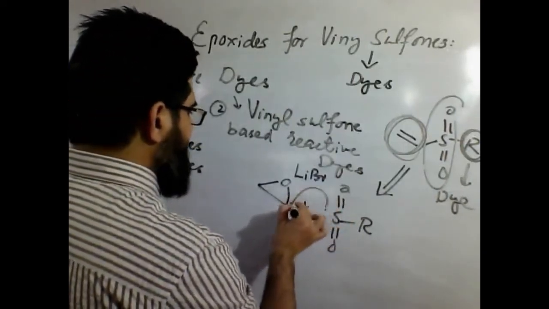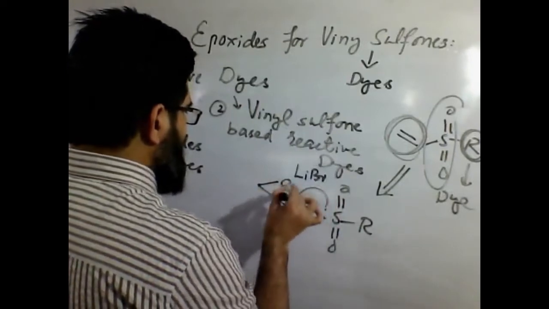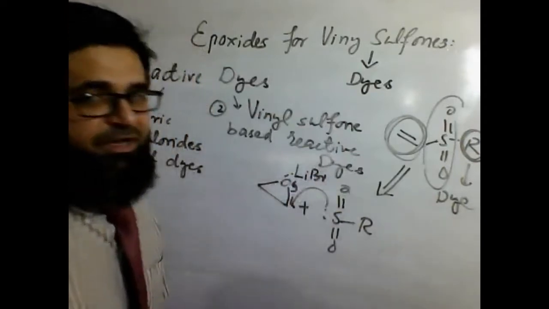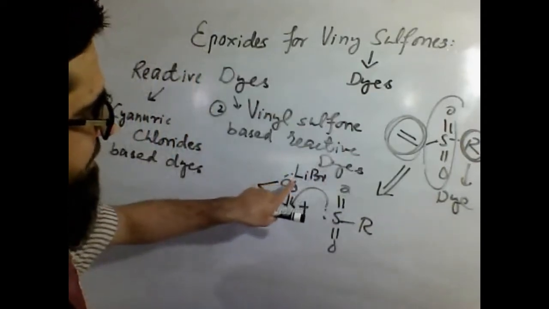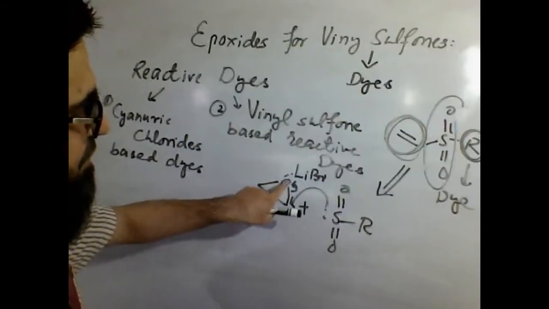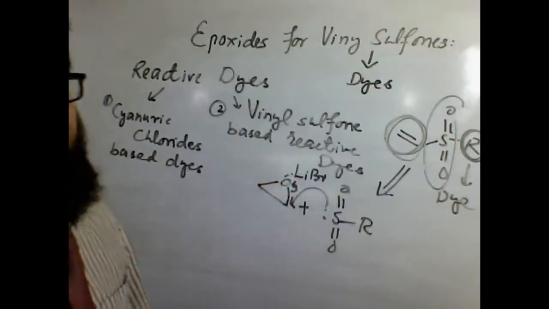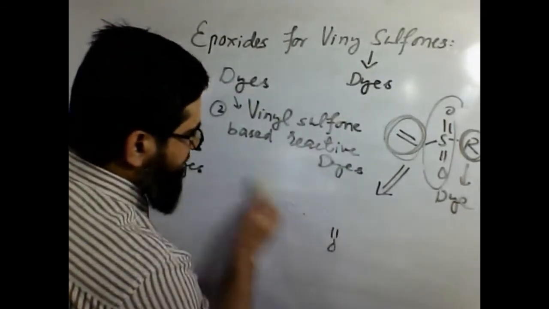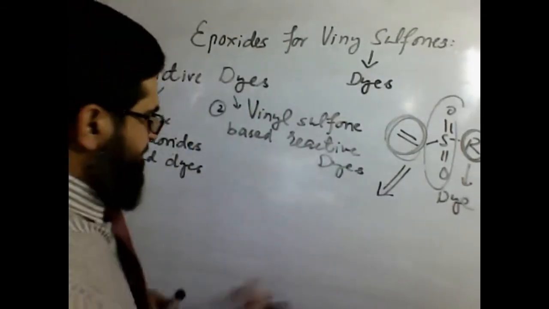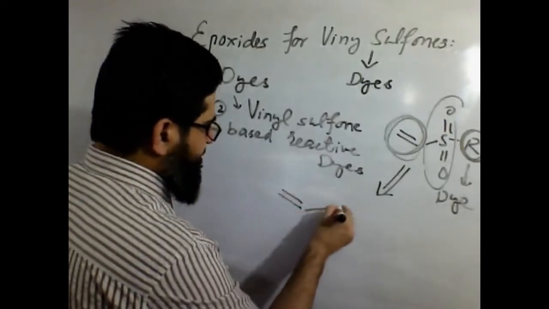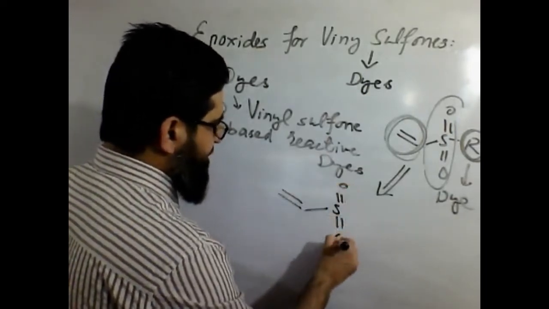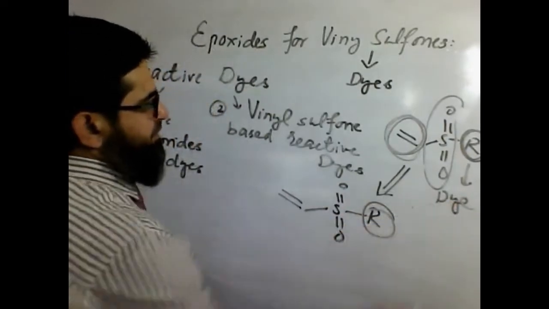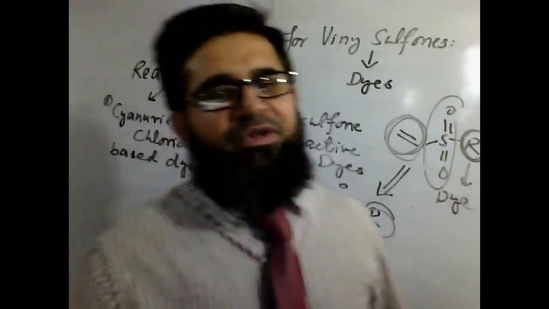It may react over here and then undergoes a ring opening reaction. The reaction starts due to an interaction between oxygen and the lithium, because lithium metals are electron deficient. Consequently we receive vinyl sulfone with these R groups, which are supposedly a dye molecule in this case.